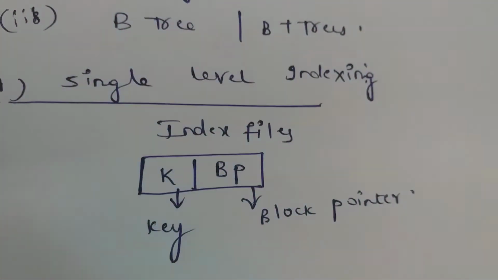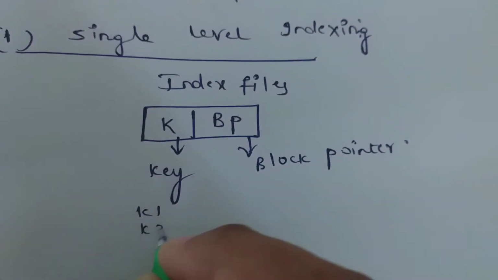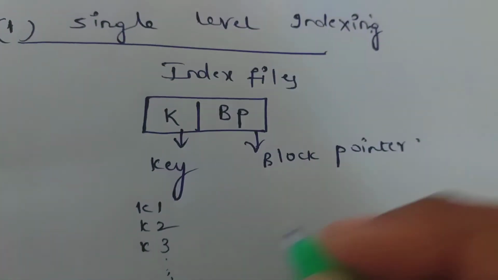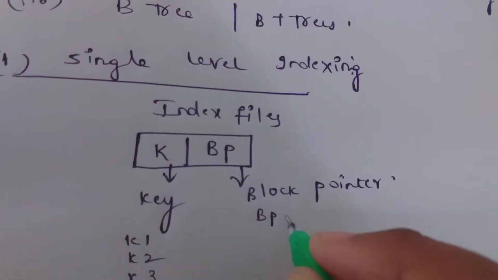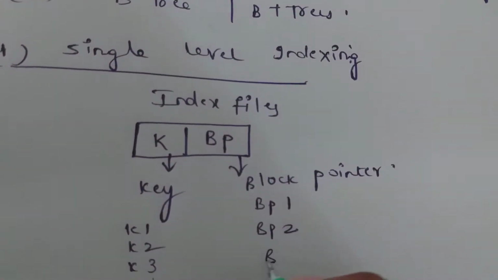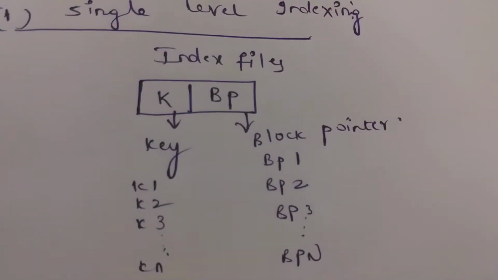We have keys K1, K2, K3, and so on up to Kn. In block pointer also, block pointer 1, block pointer 2, block pointer 3, and so on up to block pointer n.